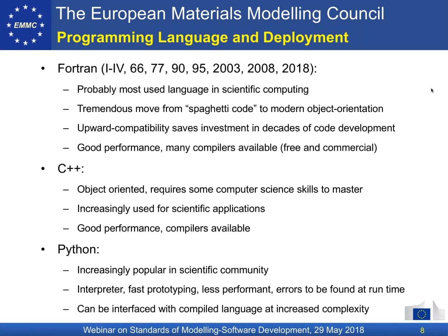The difference is that Fortran and C++ are compiled languages, and they offer a degree of object orientation. In Fortran, which has a very long history, this has not always been the case, but with modern Fortran implementations you can do object-oriented programming.